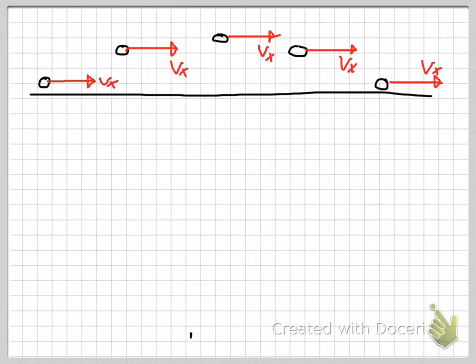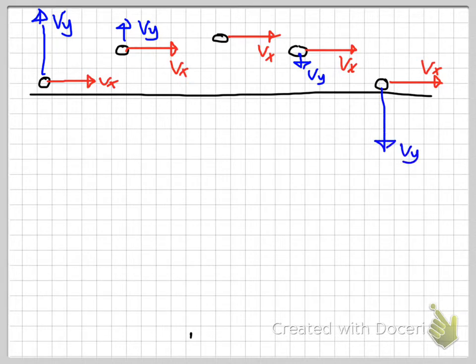If I would ask you to draw the vertical velocity vectors, remember that they go up initially, and as it goes up it starts to slow down until we get to the maximum height when it's 0. Coming back down, they get bigger and bigger, again because we're being accelerated due to gravity.